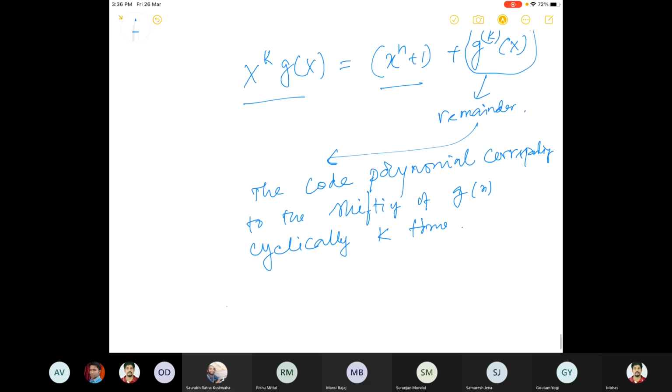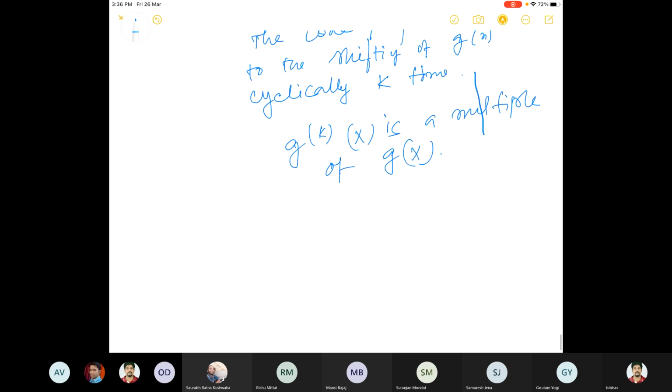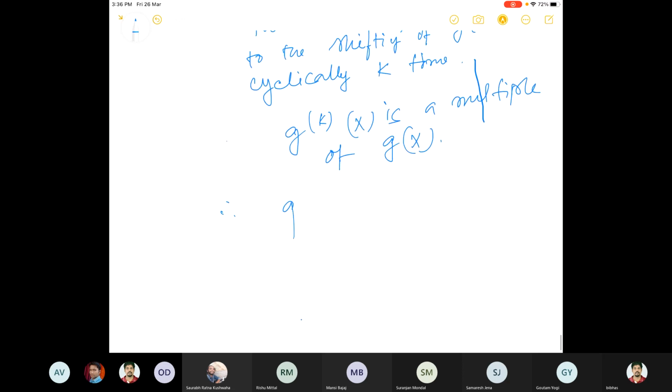Therefore, g to the power k(x) is a multiple of g(x) because it is a code polynomial. So we can write g to the power k(x) as some a(x) times g(x).